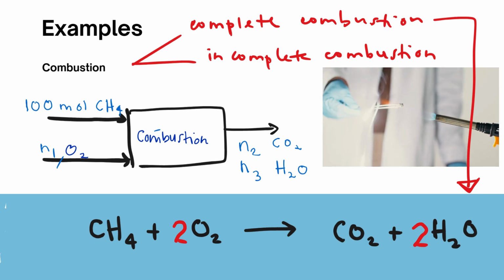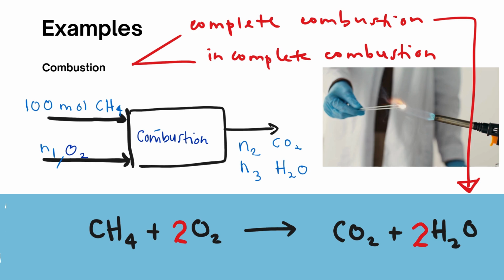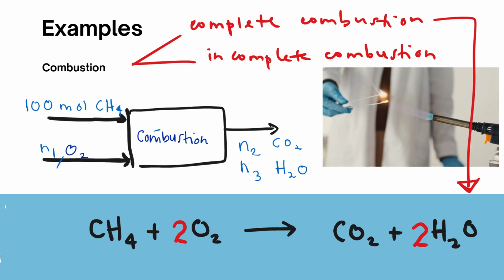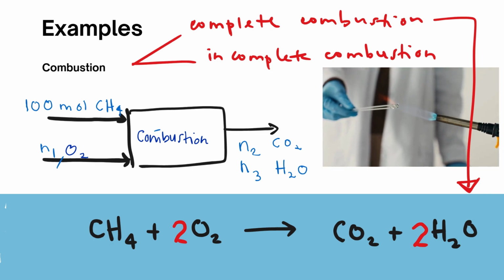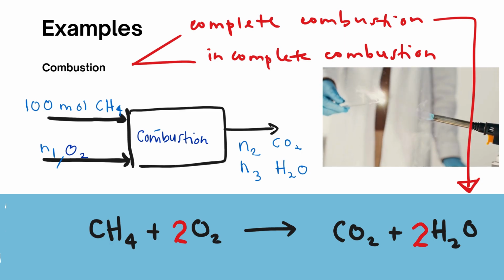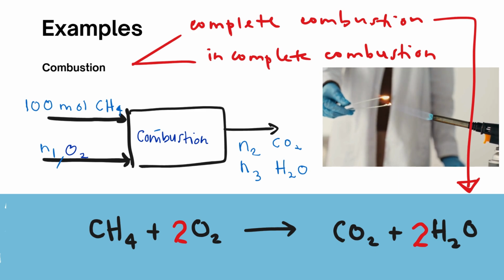Let's take a look at this example of the combustion. We have 100 mole of methane, and then we have another inlet stream which is oxygen, and we have outlet stream N2 mole of carbon dioxide, and N3 mole of water.